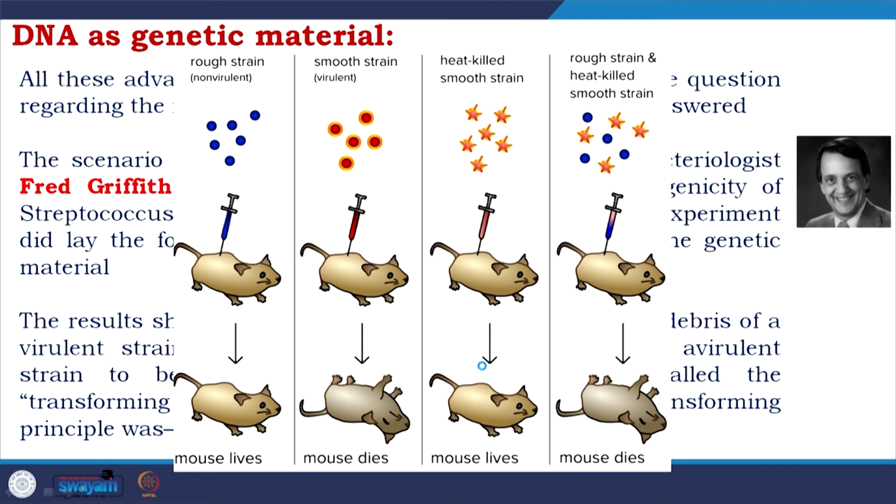The mouse is now not killed, but when they mixed the heat-killed smooth strain with the rough strain, they saw that the combination effectively killed the mouse. So, they understood that there is something in this virulent strain which helps to kill the mouse, because the non-virulent strain normally could not kill it, but in combination with the heat-killed strain, it was able to kill.